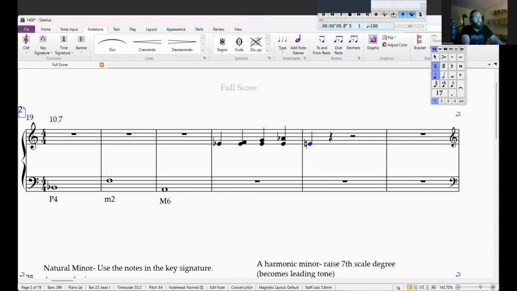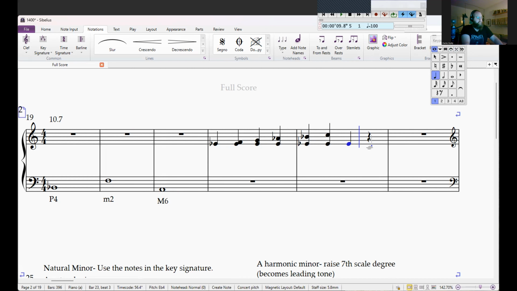Oops. I want a natural there, Sibelius. No, thank you. Okay. C is natural. D is natural. And E is flat. Cool.